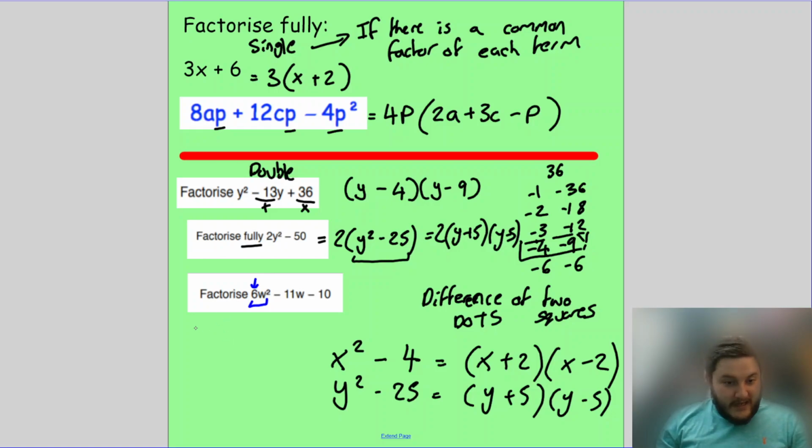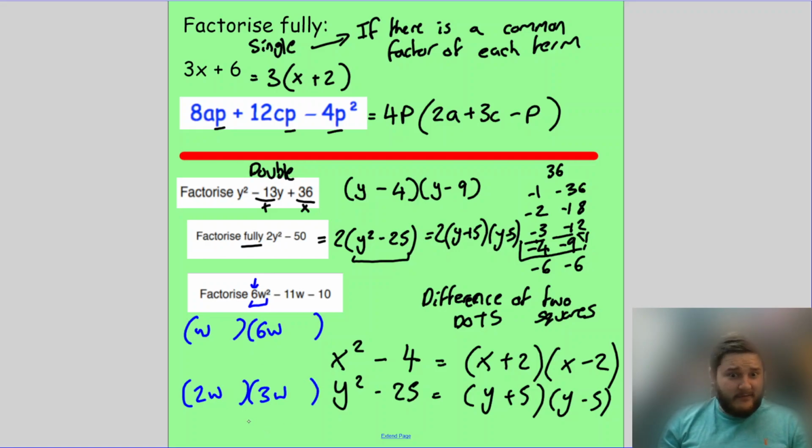It could be that this double bracket factorisation is a w and a 6w, right? Because that's how you're going to get the 6w squared. And there is an alternative, right? It could be that the brackets are 2w and 3w. And it could be either of them, right?